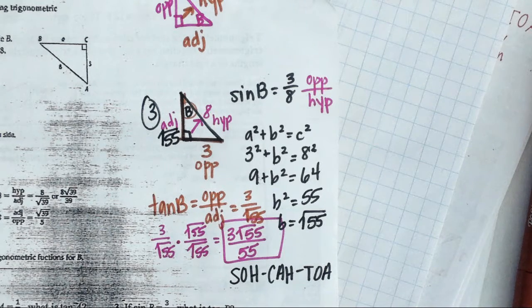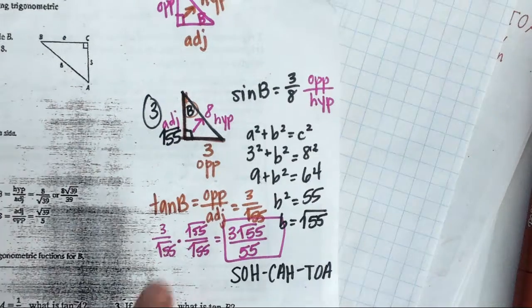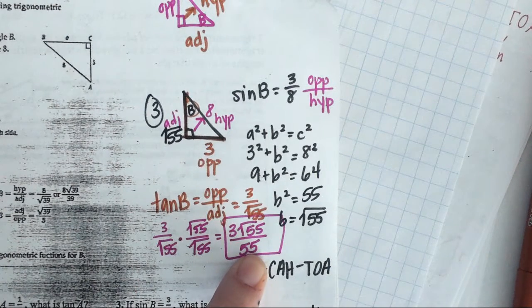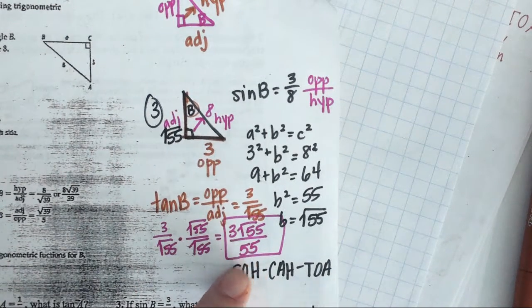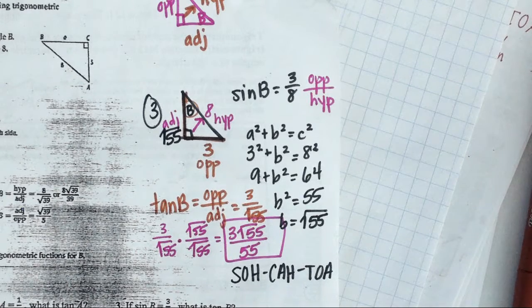Good. Rationalizing. This times this just got rid of the square root. If you typed it in your calculator, it'd do that for you too, just in case. Okay, so let's look on the next page.